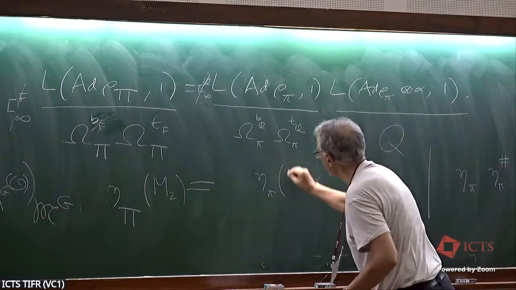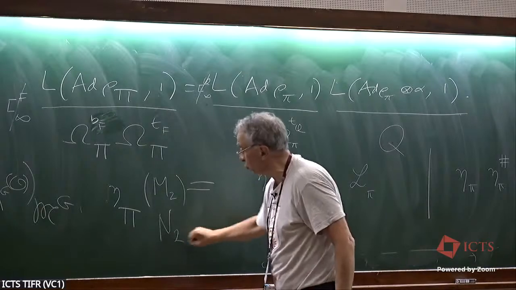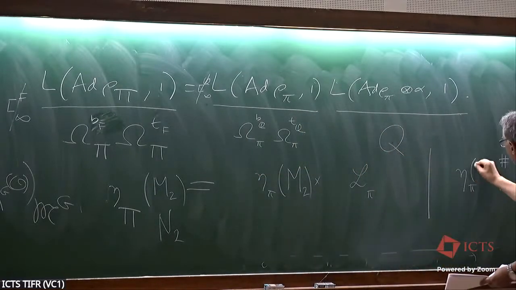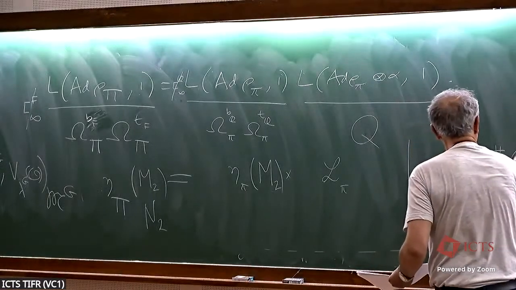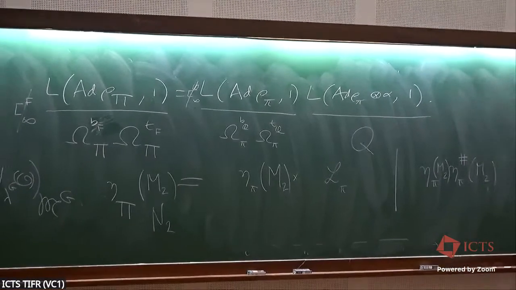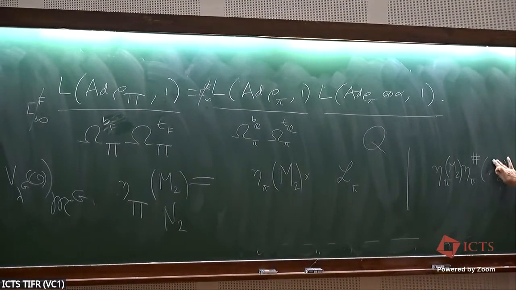So this is eta pi of M2. But when I say M2, I could say N2. It's dual. M2 or N2. So we have that. Now, let's say N2.